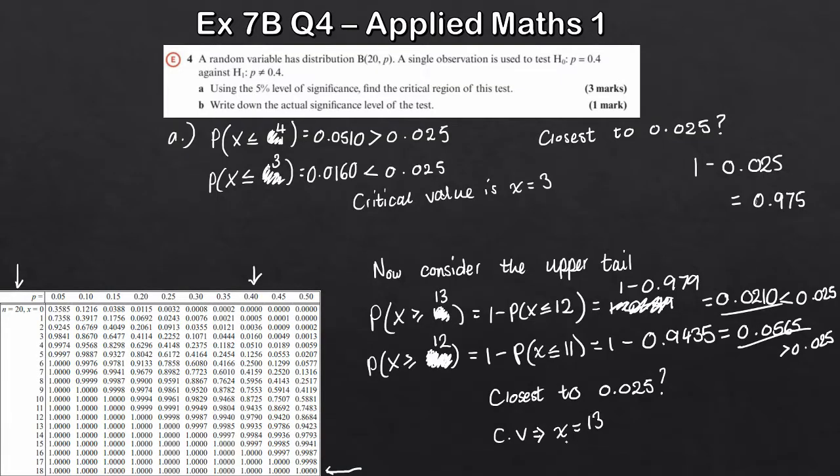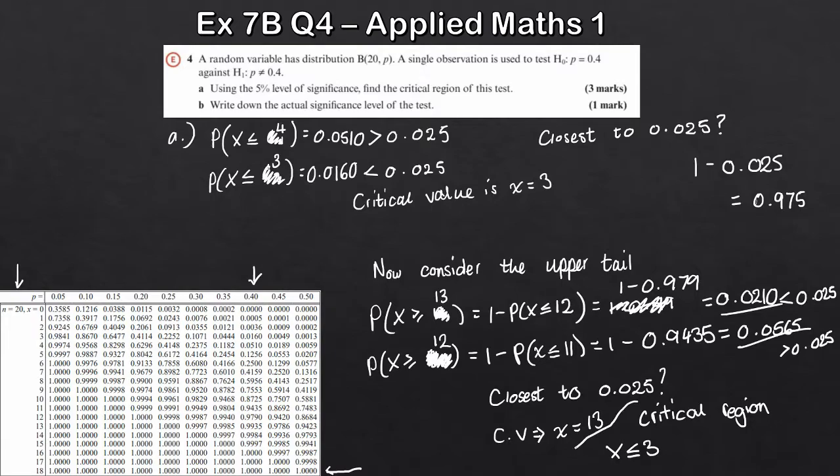So the critical region, this is the key part now, the answer to the question. How do we define the critical region? Well, we're saying x equals 3 for this tail, but remember this tail we're looking at less than or equal. So the lower tail is x less than or equal to 3.